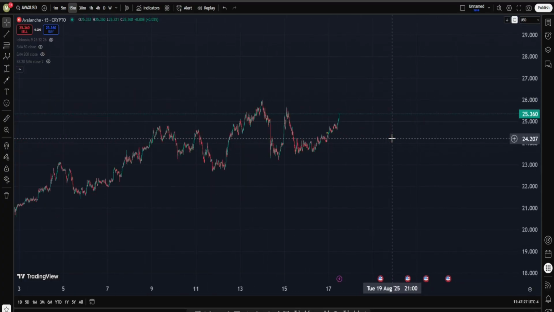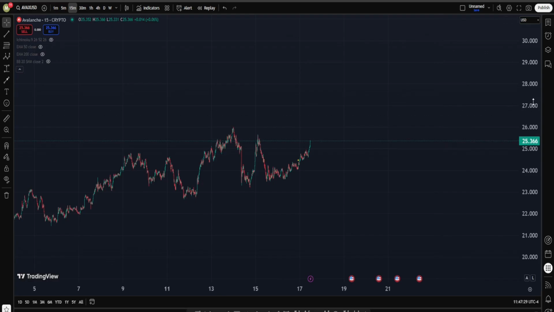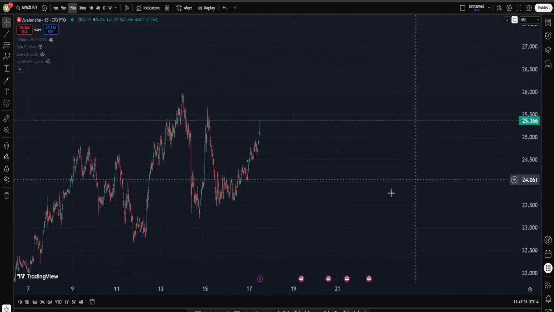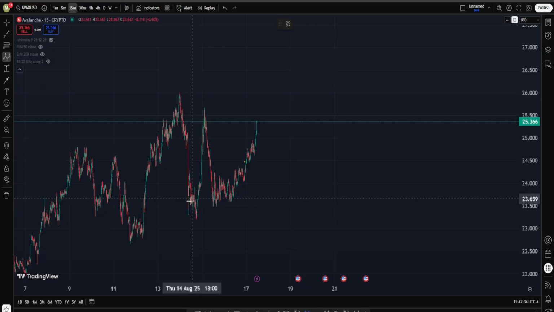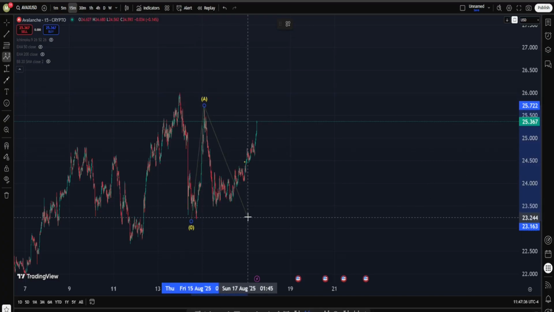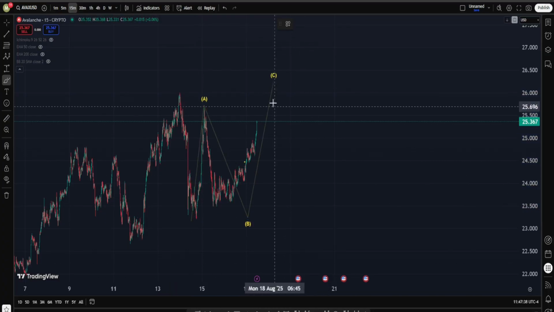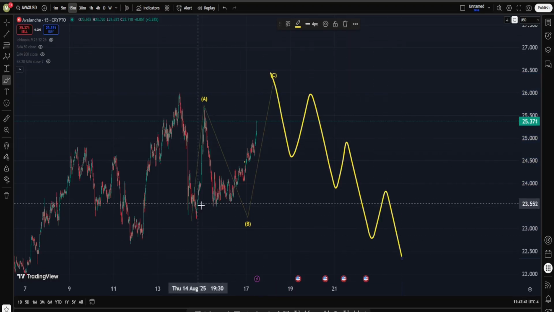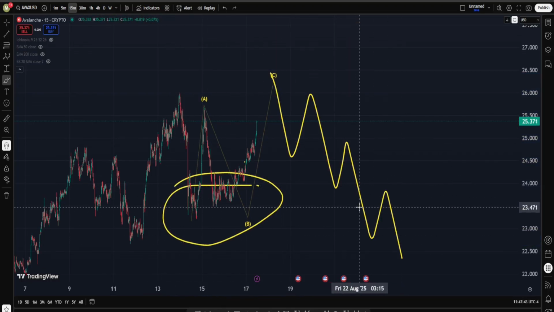In terms of Elliott waves, we're not really that lucky in most cases, and I'm going to argue maybe we are going to have, let's say, an A, B, C on the upside, and then we're going to have a move on the downside, something like this, in order to even take the lows in here.